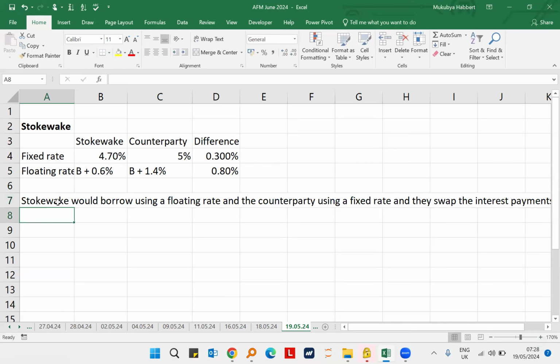So when they do so, there will be a gain, and that gain is what you need to calculate.